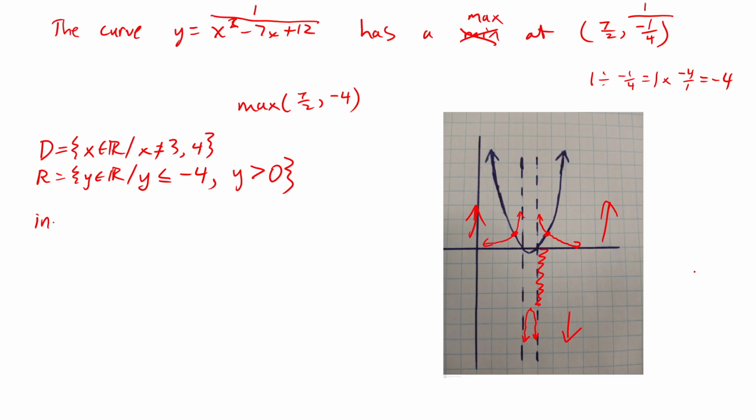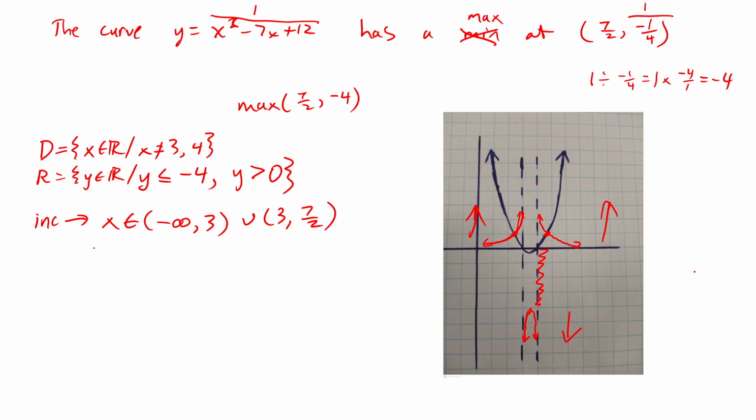Our increasing intervals will be as long as x is anywhere in the interval from negative infinity to 3, which is this top part, or anywhere in the interval from 3 to 7 halves.